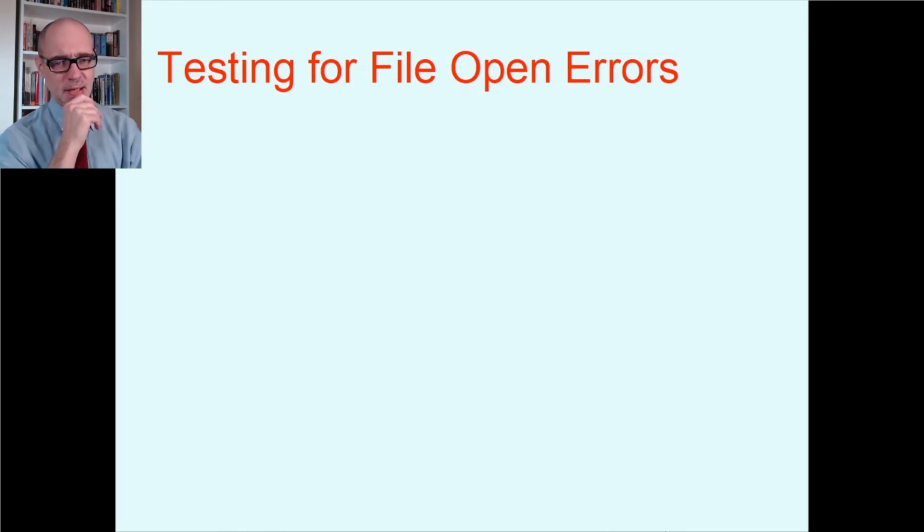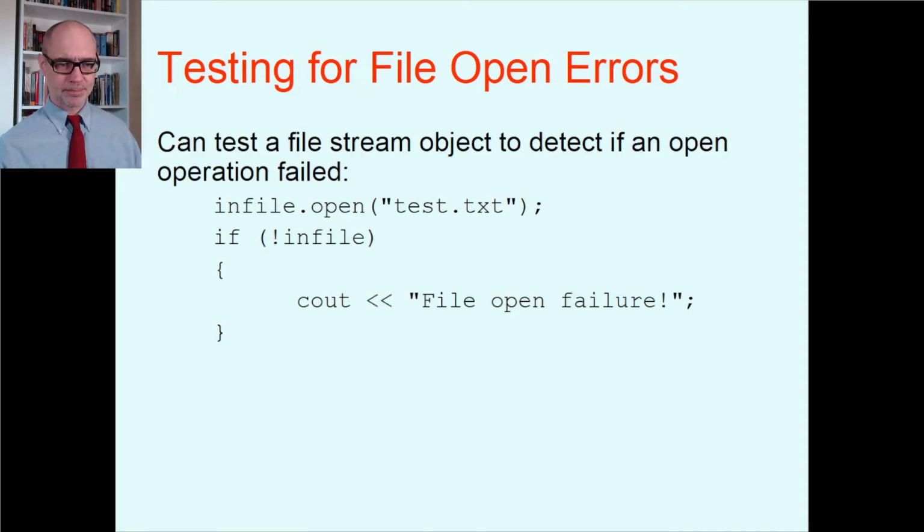Okay, so testing for file open errors. All kinds of ways this could happen, again, based on those prior slides. You didn't put the data file in the working directory. The user named the wrong file or mistyped it. So how do we handle that? You can test a file stream object to detect if an open operation failed. Basically, when you do your file.open operation, among the variables inside the file stream object, there's a Boolean keeping track of whether it's successfully connected to the hard drive.